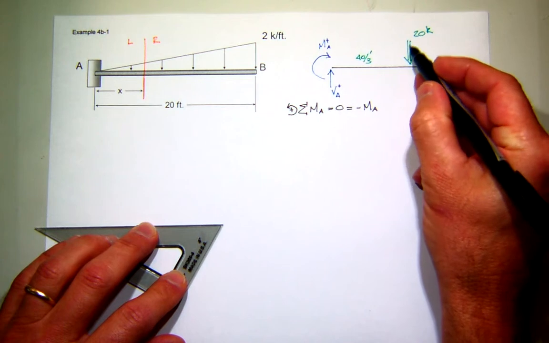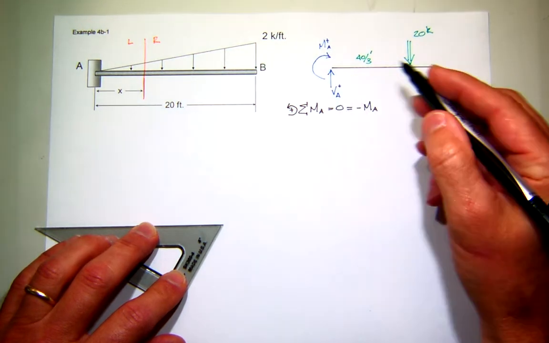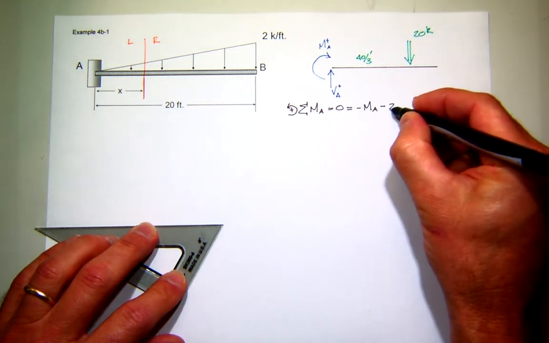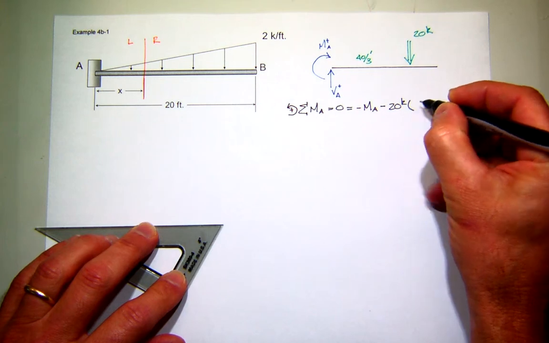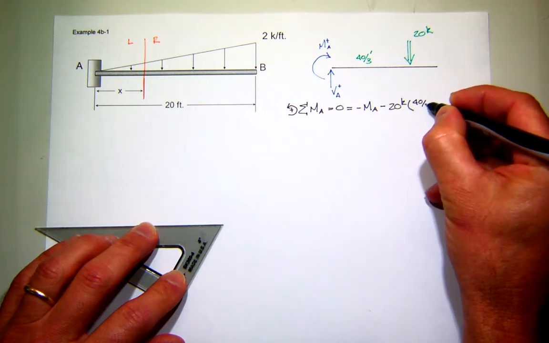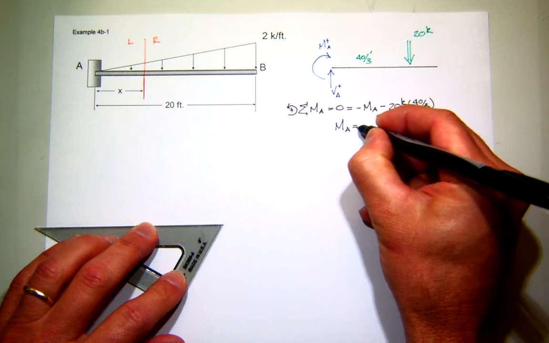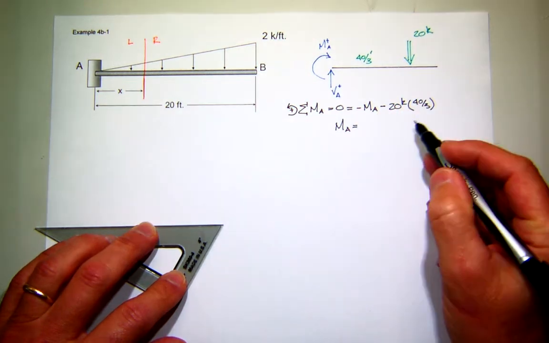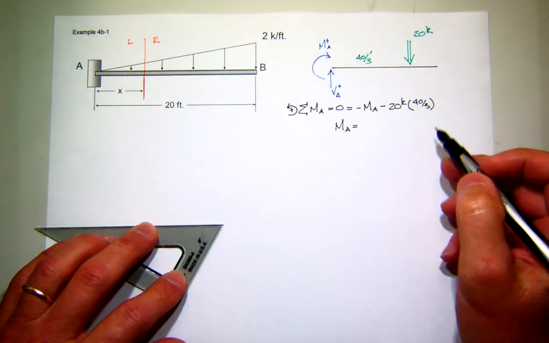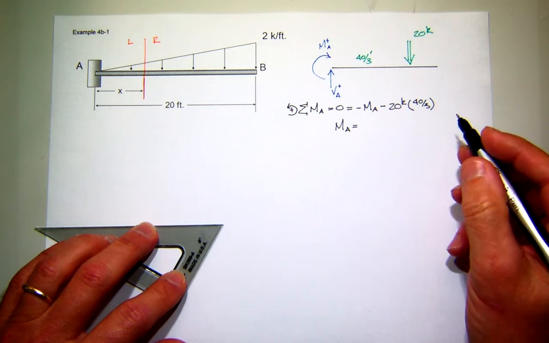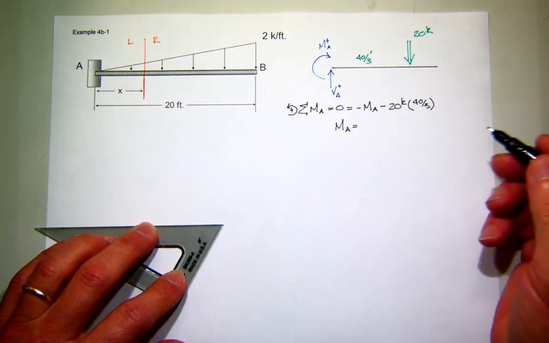What kind of moment does the 20 kip force create about A? Also negative. And it has a moment arm of 40/3. So what is the moment at A? Now you're going to have to help me out. 800 divided by 3 is what, 266.7? Guessing.